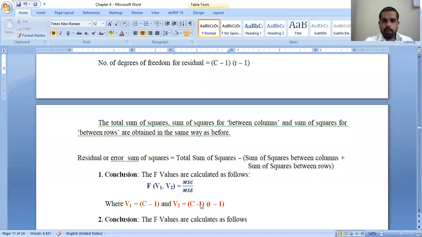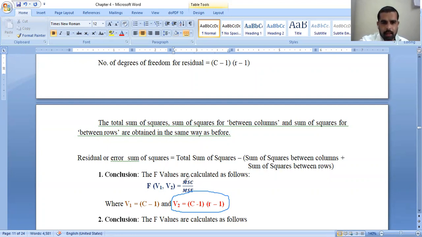V2 is C minus 1 into R minus 1 in both the conclusions, in both the cases here.